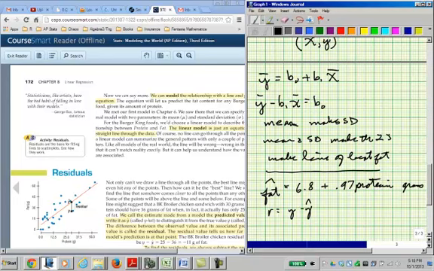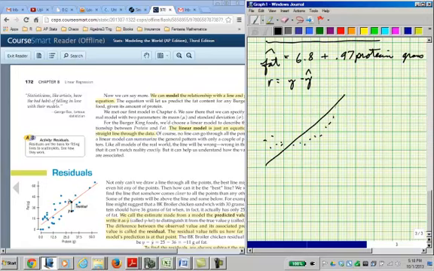When you see something like this, where you have your line of best fit, and the dots going like this. Now sometimes you don't see it right away. This is really obviously curved. But sometimes it's more subtle than this.